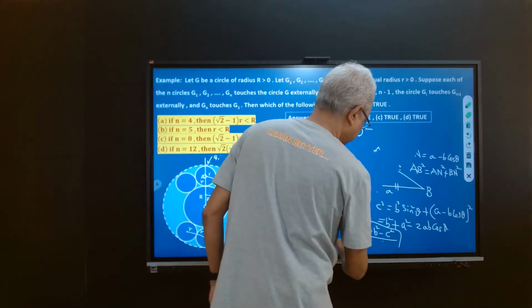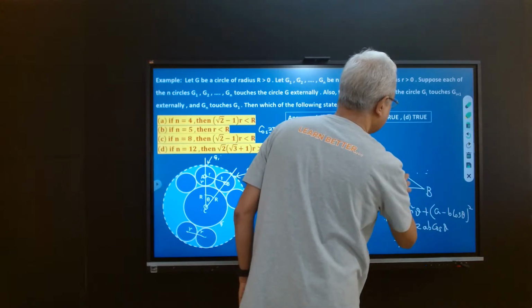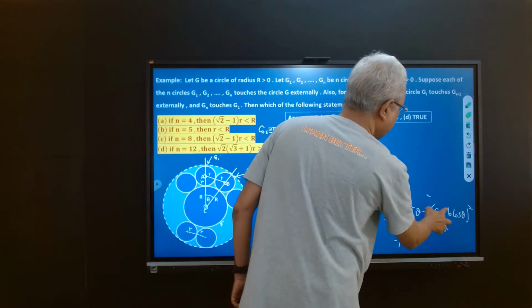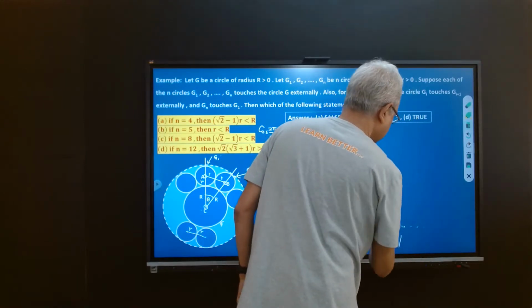So let us try to simplify this expression. So what happens in this case?